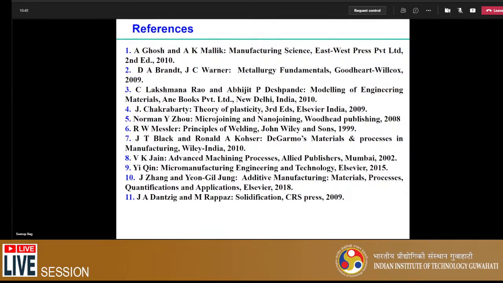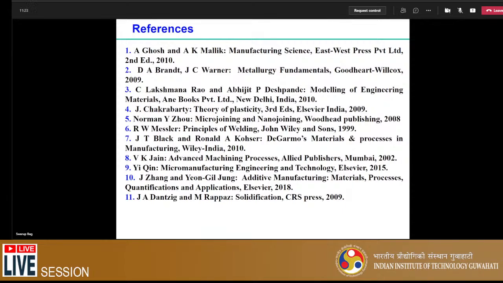This is a very standard book and precisely describes the different types of manufacturing processes from the point of view of the different mathematical aspects, their application, what they imply, sample calculations, and some solved problems as well. So you will be able to understand the different kinds of mathematical problems associated with manufacturing processes. That's why I keep this as the very first reference.